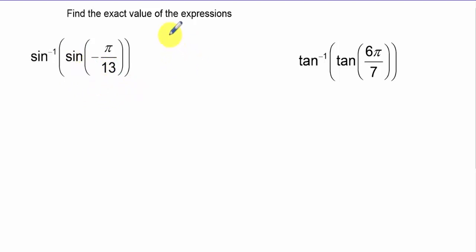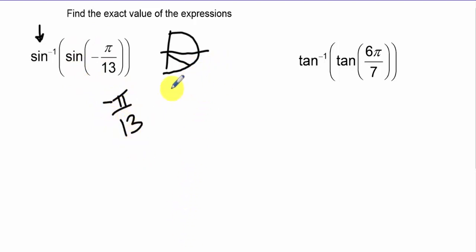I can't tell you what the y value of this is going to be, but I do know that if I were to draw my graph, it's somewhere over here, and in the second part of the parentheses, it asks what angle gives me that y value. Well, that angle is just negative pi over 13 in this case. And that seems kind of intuitive. But when I come over to this problem, it's going to be a little bit different.